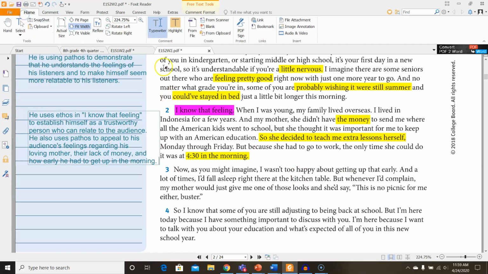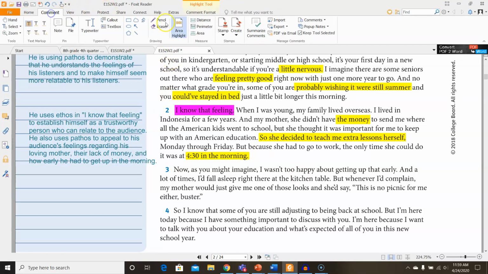So here he's also appealing to our feelings because he says, as you might imagine, I wasn't too happy, meaning you'll be able to imagine how unhappy he would be getting up that early because you've experienced it. He said, I'd fall asleep right there at the kitchen table, which is kind of funny in an image. And it also, at the same time, makes him a little bit relatable because we can imagine falling asleep at the table if it was that early.